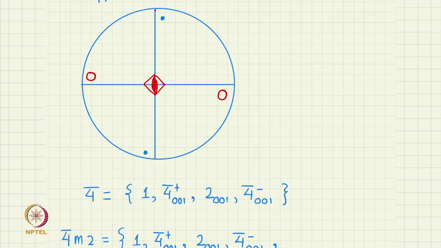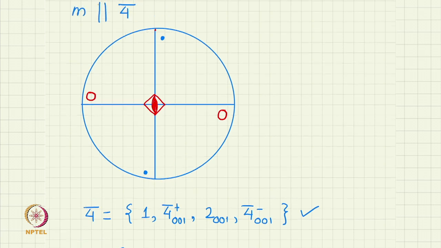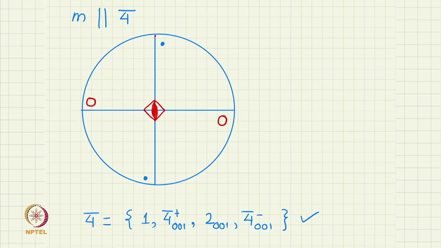It has 4 operations, 1, 4 plus, 2 and 4 minus, and all these operations are about the vertical axis, the 001 axis. So this gives the 4 bar group. The stereogram is shown with 2 points of the same handedness above and 2 points of opposite handedness below the equatorial plane. So that was the 4 bar group which we have met before.